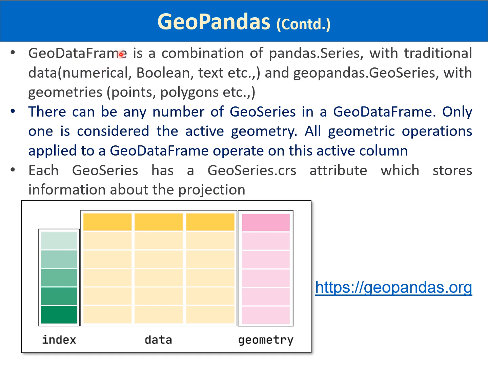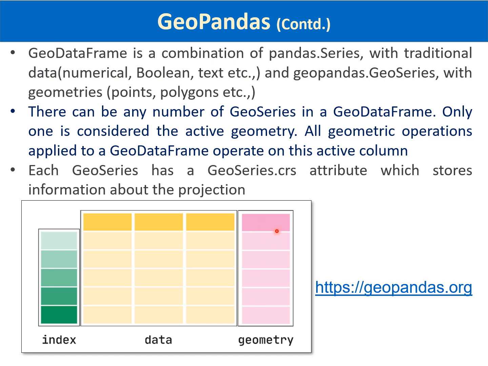A GeoDataFrame is a combination of Pandas Series, that is, individual columns of the same data type and the combination of them with an index. This contains traditional data, numerical, Boolean, and text data, and then there is geometry, which is a GeoPandas GeoSeries, containing information about geometry, points, polygons, etc.